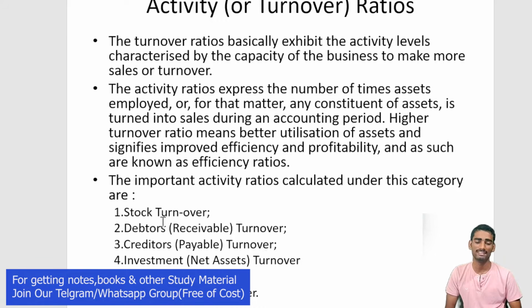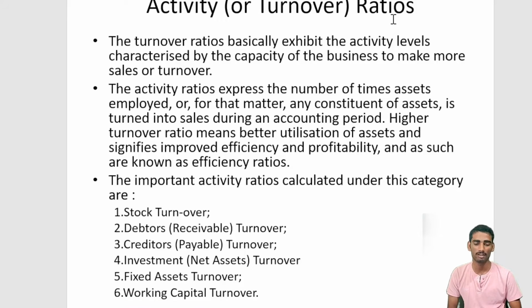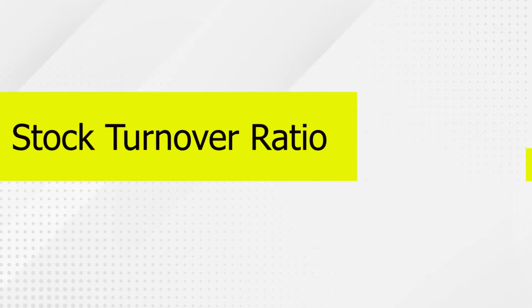These are the various ratios that come under the activity turnover ratio, and we will discuss all these important six ratios part by part. Again, the activity turnover ratio depicts how efficiently assets are being used. Let me start with the first, that is the stock turnover ratio.